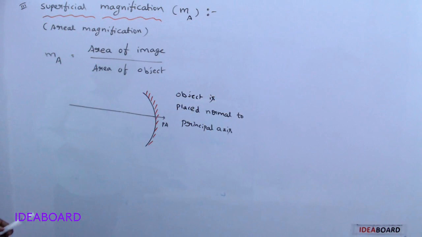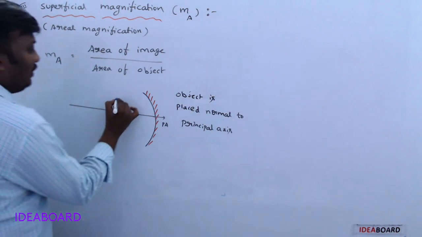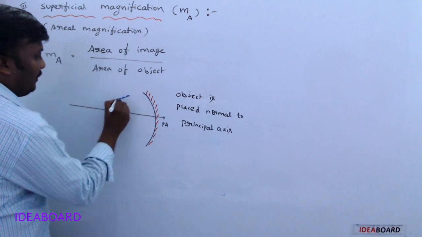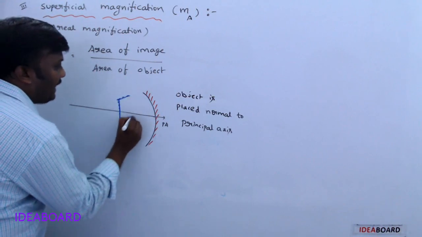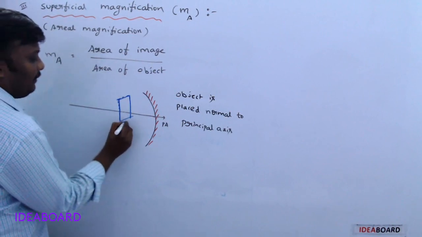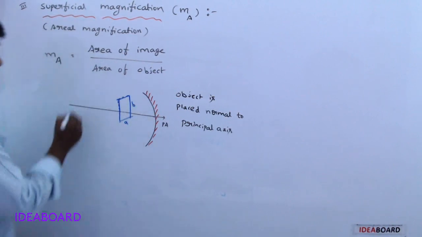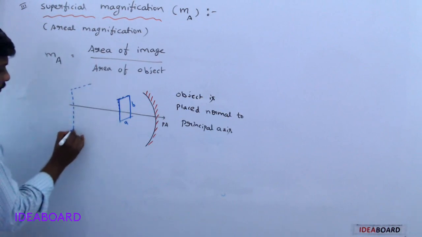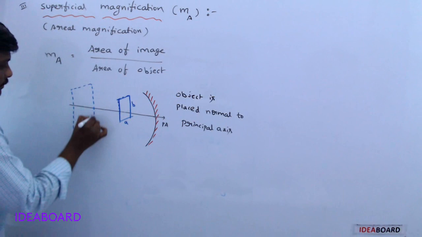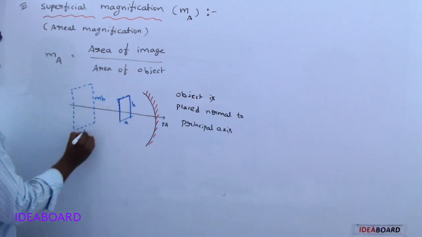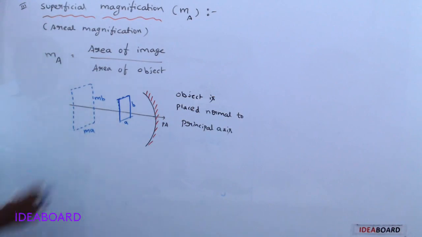So perpendicular to the principal axis means lateral magnification. Let this be A and this be B. Then the image may form like this, and it becomes MA and MB.